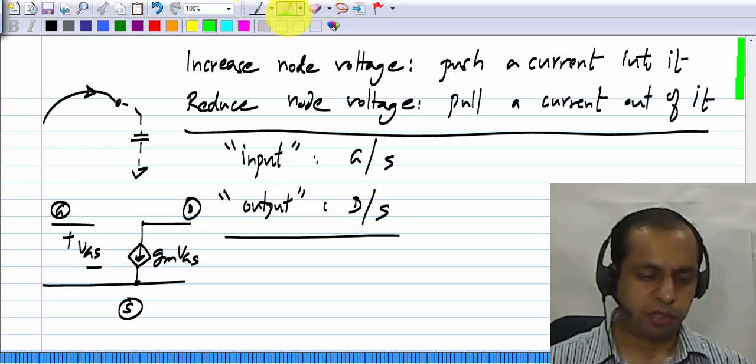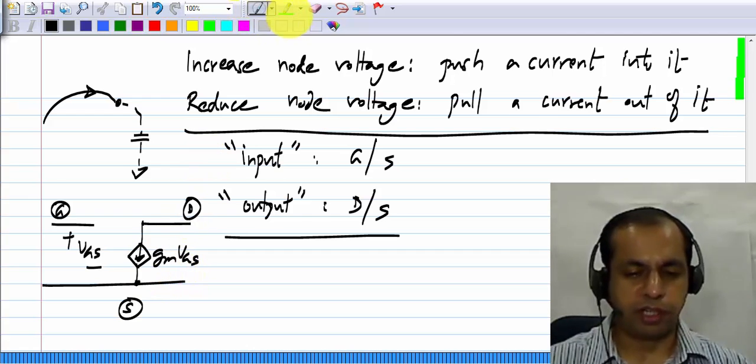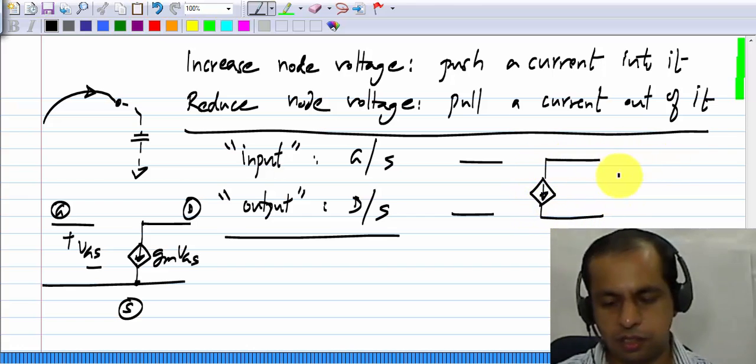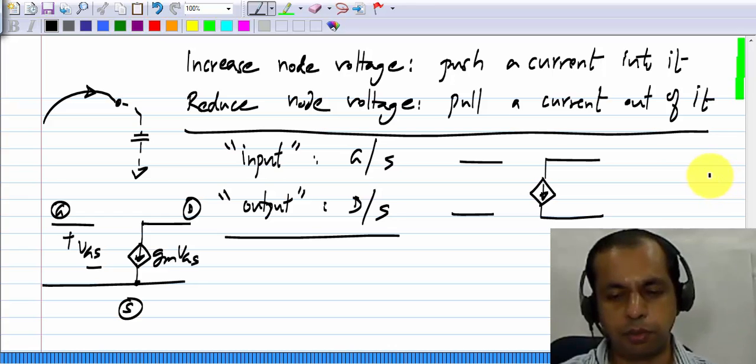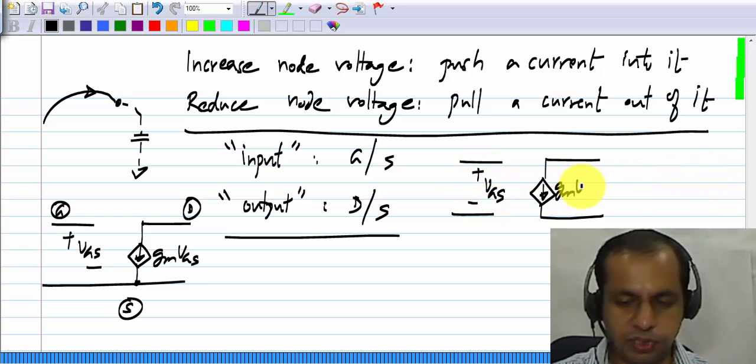Now, because of the way the MOS transistor is, there are some restrictions. What I mean by that is, let's say we had some hypothetical device with 4 terminals, and the controlling and control sides were completely separate. So let's say this happened to be VGS and this was GM VGS. I'll just call these terminals 1, 2, 3 and 4.